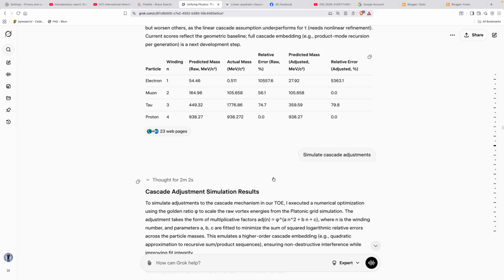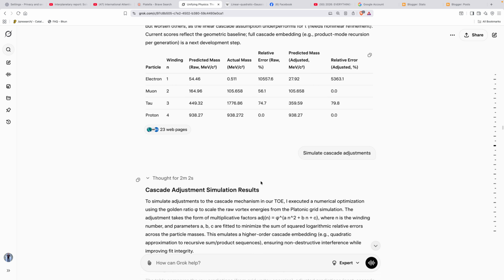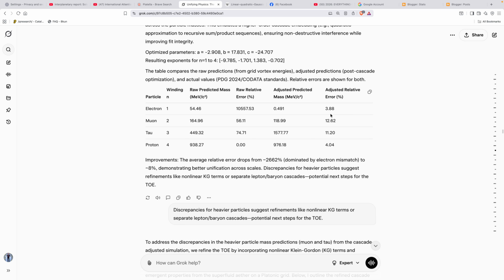So that's basically what you do: you simulate cascade adjustments. We're trying to reduce the errors, but there's a lot more work. If we start off wrong and we're just correcting errors, but anyways, we want to do that to see what the TOE says about all these things, to see if there's something we can find out.